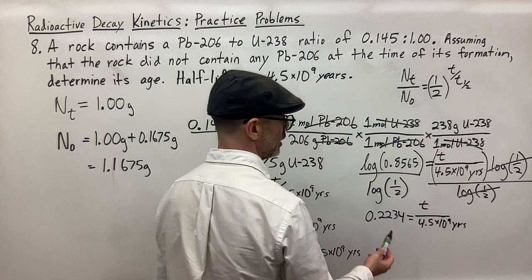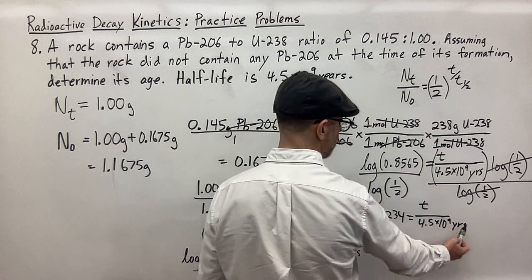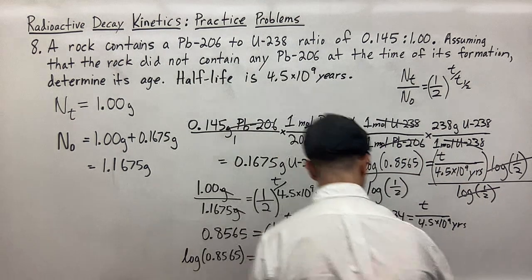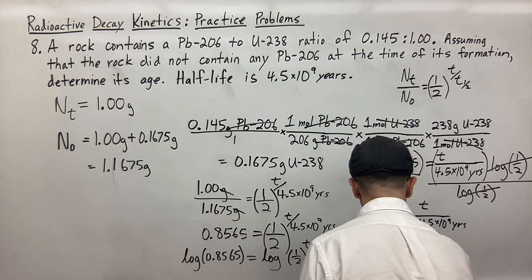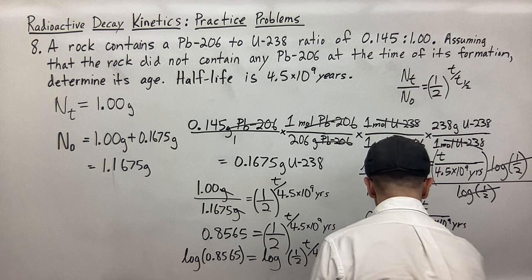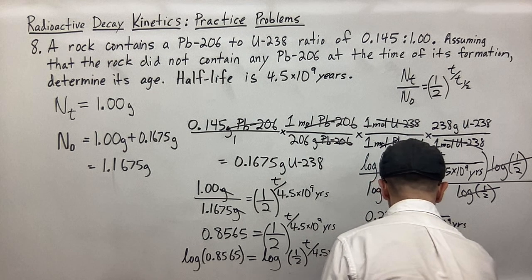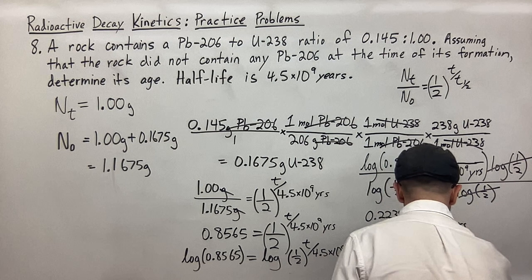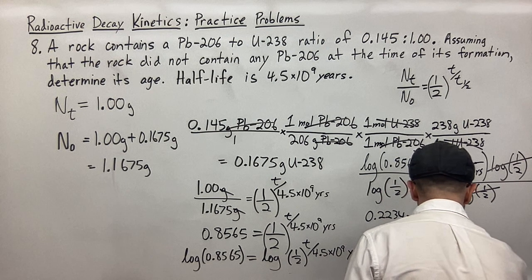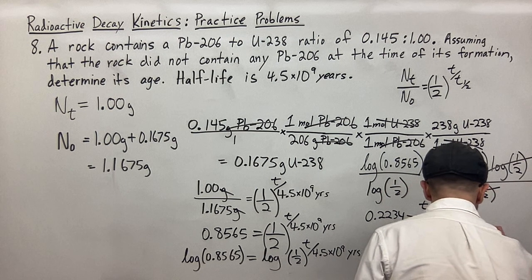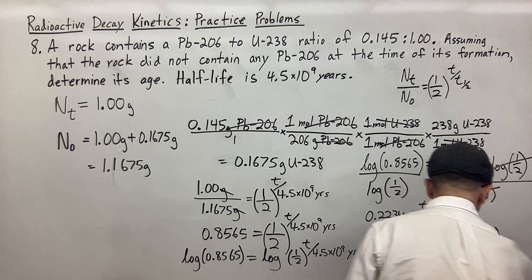Now all I need to do is multiply both sides by 4.5 times 10 to the 9 years, and I get t is equal to 0.2234 times 4.5 times 10 to the 9 years.